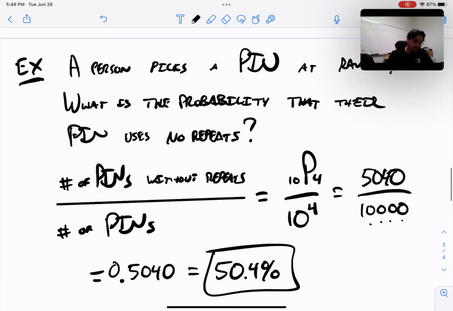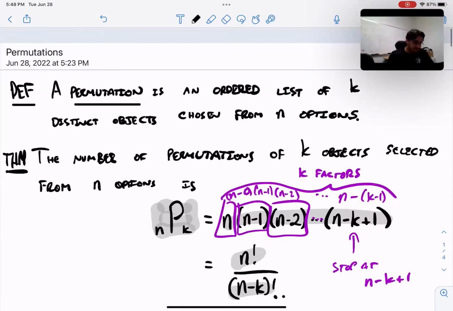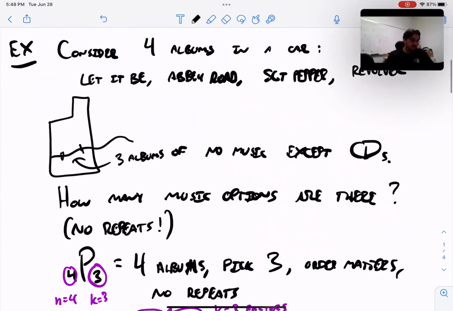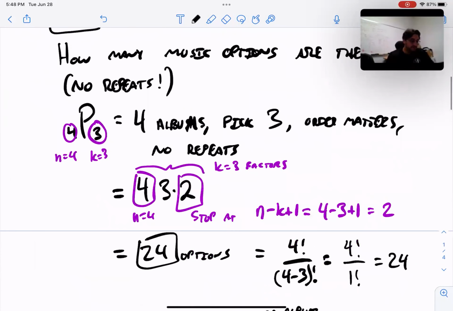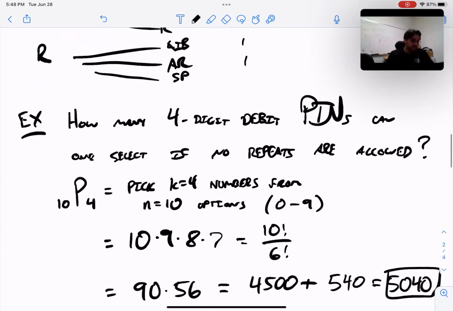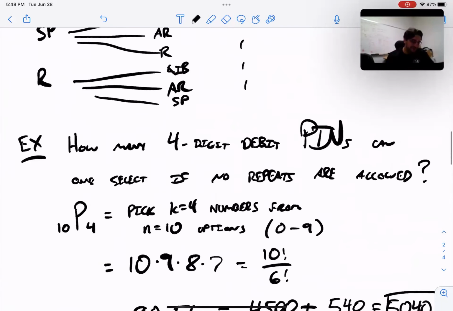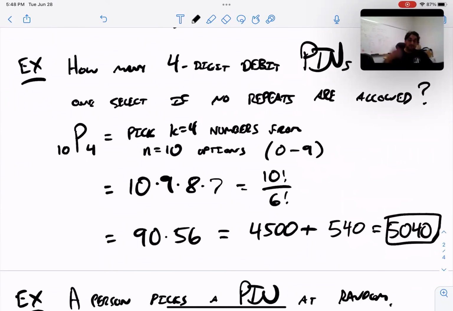So there's a definition of permutation, a theorem on permutations of how to count them quickly, and an example of 3 objects selected from 4 options, where we could mostly list them out. Then one where it's way too big to list them out, but we can still count them.